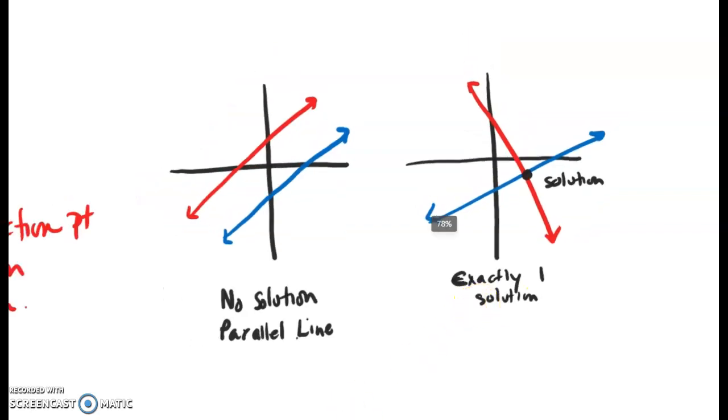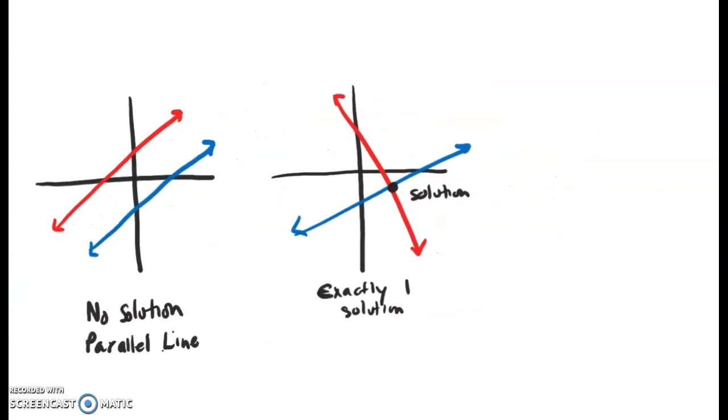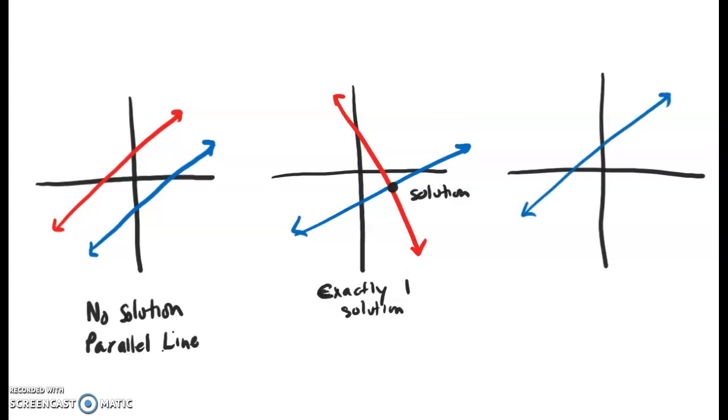And the third possibility that can happen is that you graph the lines, here's one line, and here's the other line, and the two lines are the same. And so if that happens, we say that the lines coincide. That means that they're the same lines. They just lay on top of each other. The answer here would be infinitely many solutions.